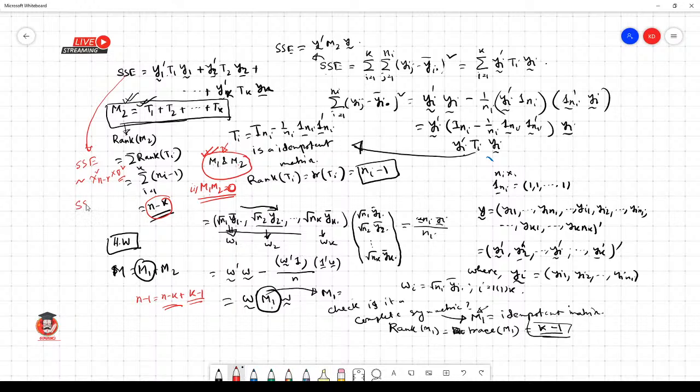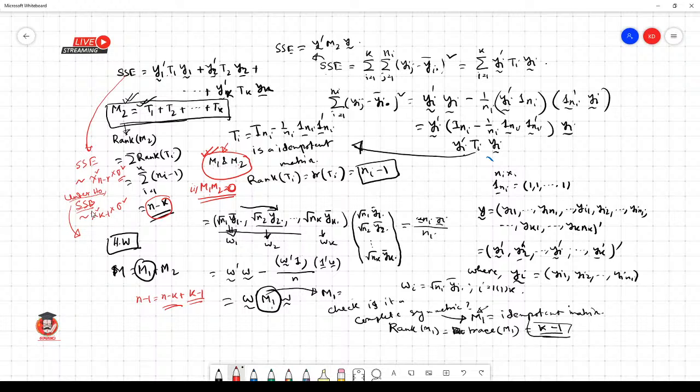And SSB also follows chi-square with k minus 1 degrees of freedom times sigma square under H naught, because under H naught the yi bar are IID normal with mean mu and variance sigma square by ni, because SSB involves these portions.